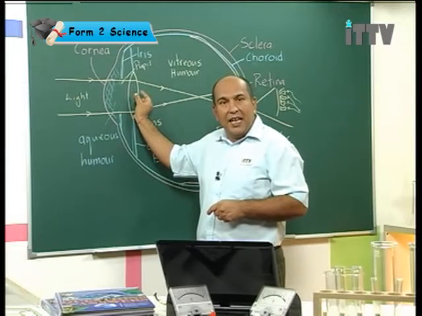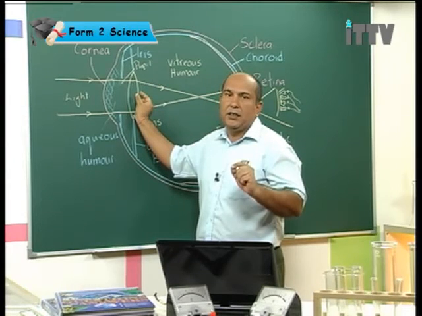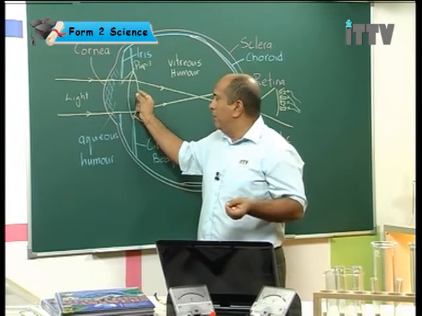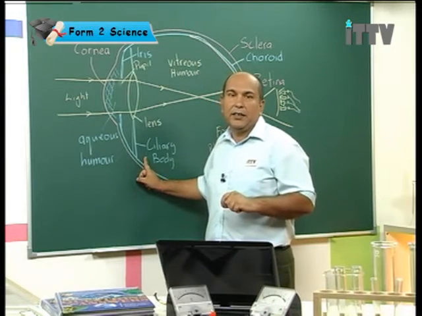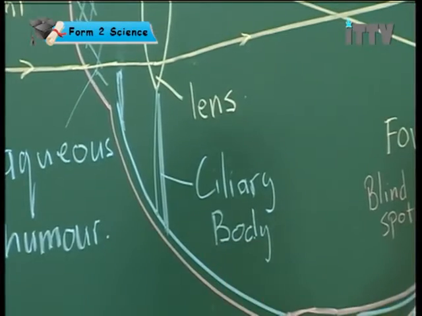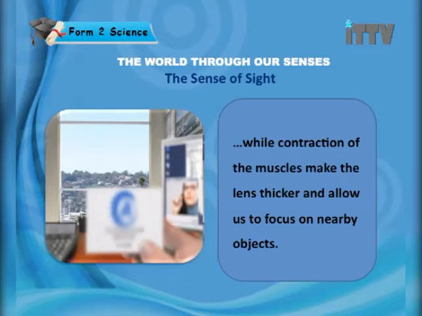If you have a thin lens, it means that you can see distant objects. And this is achieved by the ciliary body or the ciliary muscles relaxing. When they relax, the lens goes back to being thin. While contraction of the muscles makes the lens thicker and allows us to focus on nearby objects.